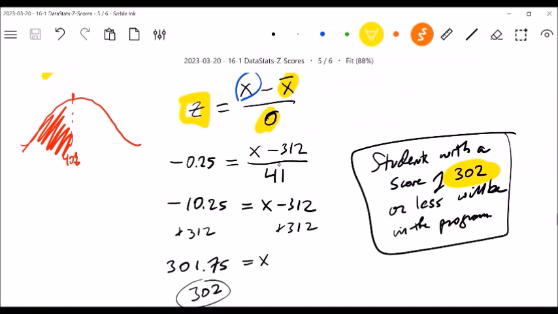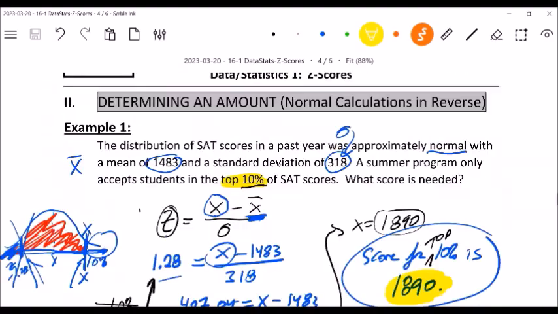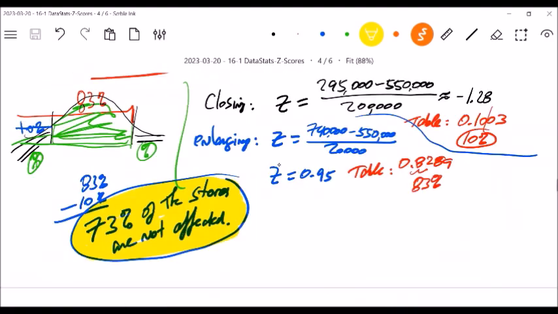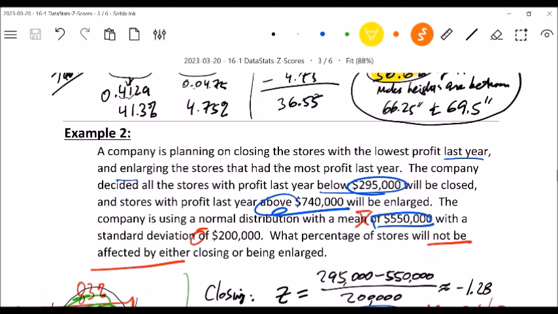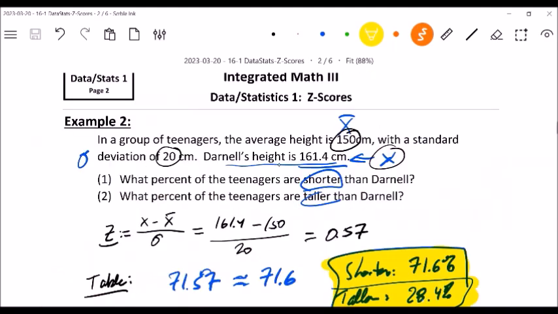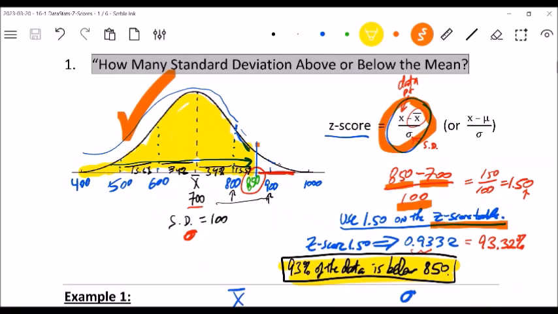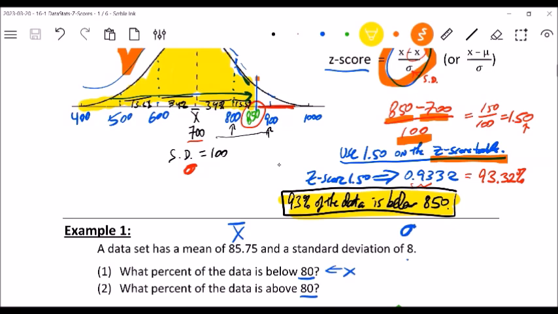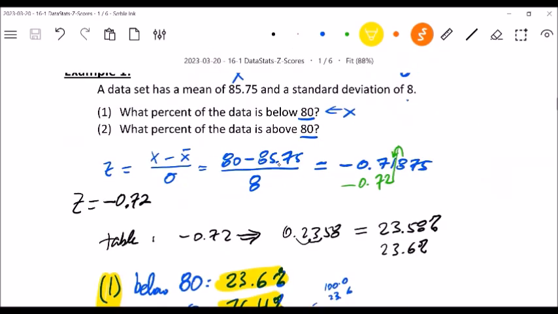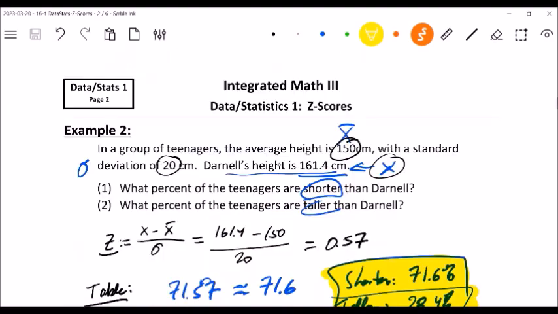So hopefully this helps, having seen how to use the z-score table to solve some things, all these problems in between. Let's go back and review the concept here. The z-score helps you find the percentages below a certain place. Given a mean and a standard deviation, you can find the z-score and then find percents of data above or below whatever number you pick.